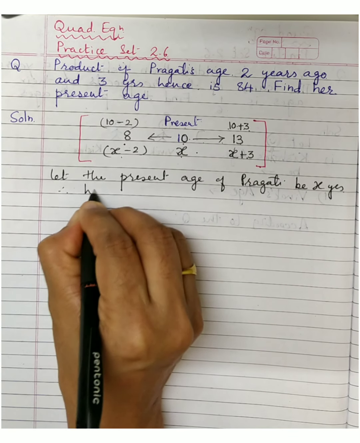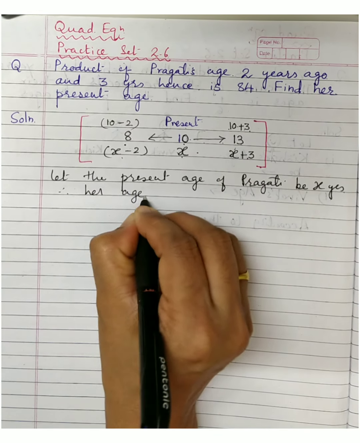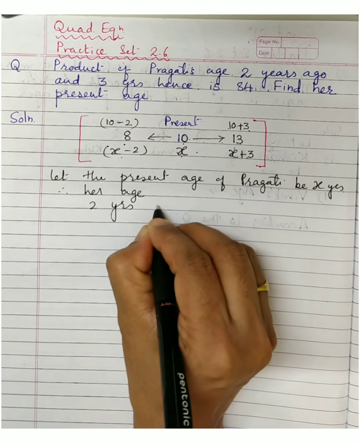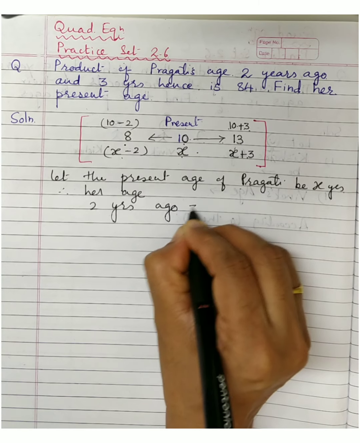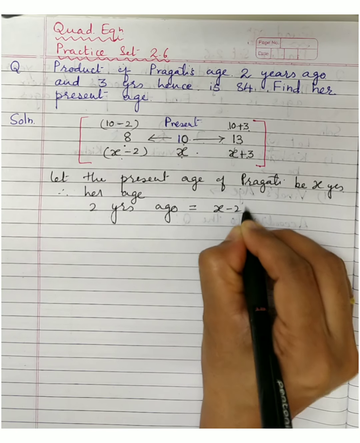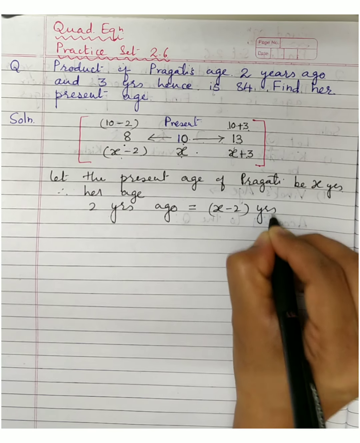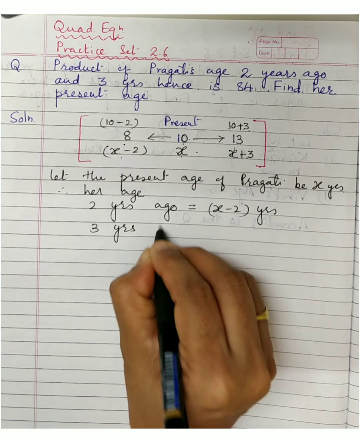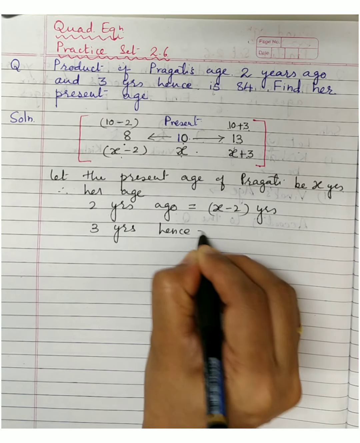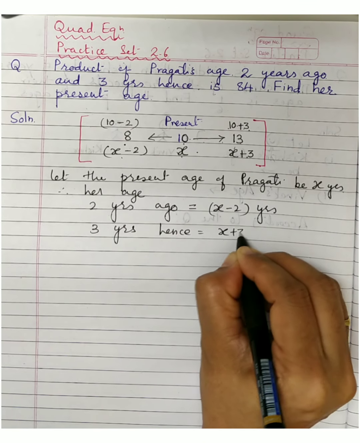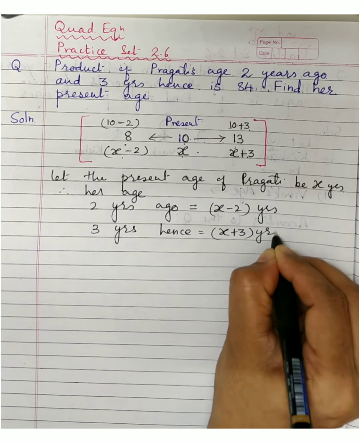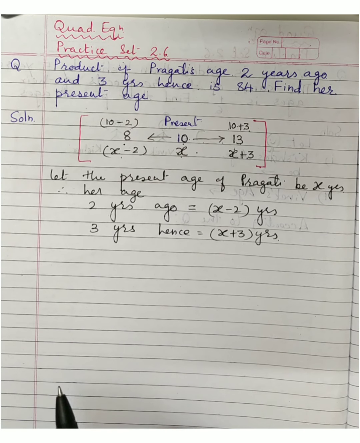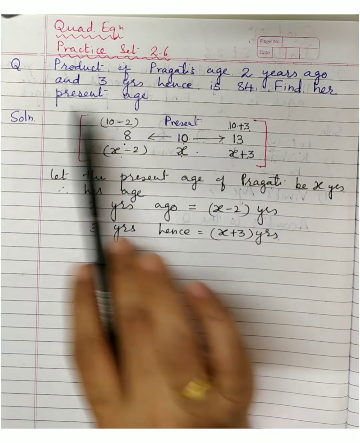Therefore, her age 2 years ago is equal to X minus 2 years, and 3 years hence will be X plus 3 years. Clear? Now let's go for the condition which will help us to frame the quadratic equation.